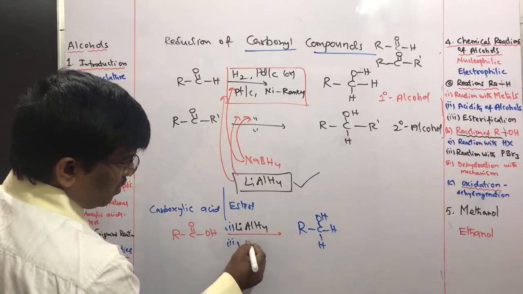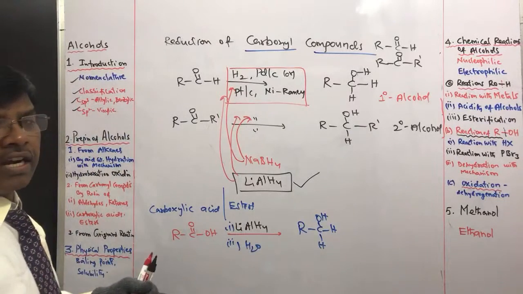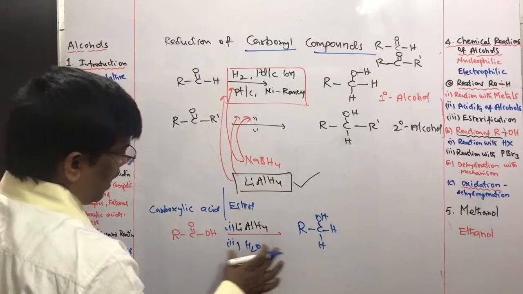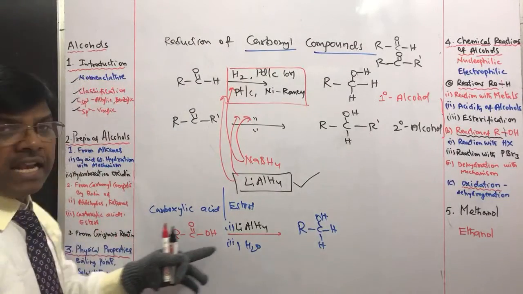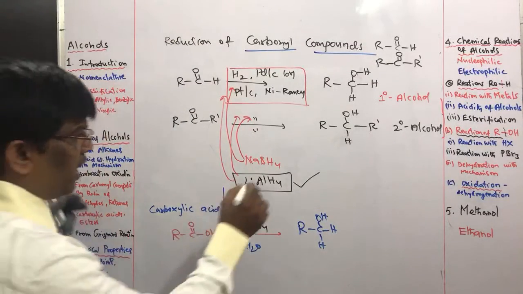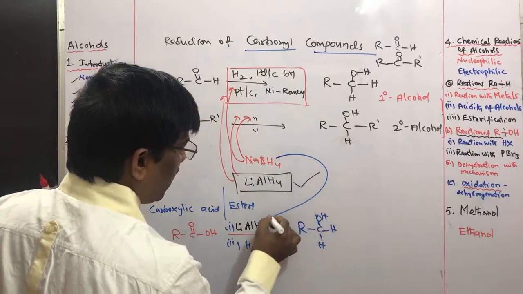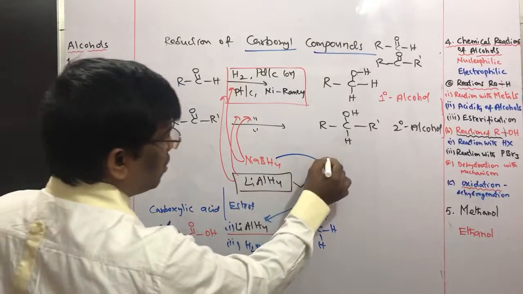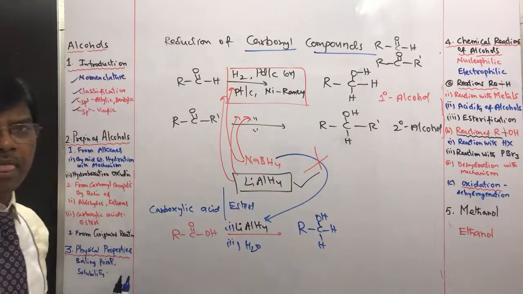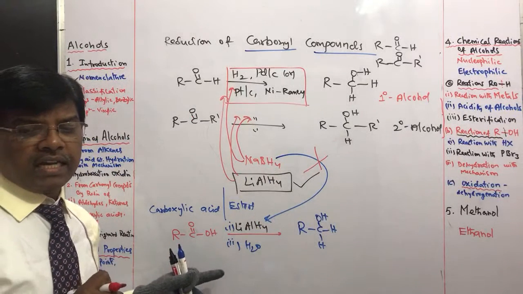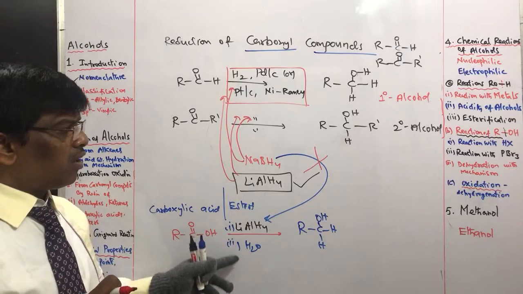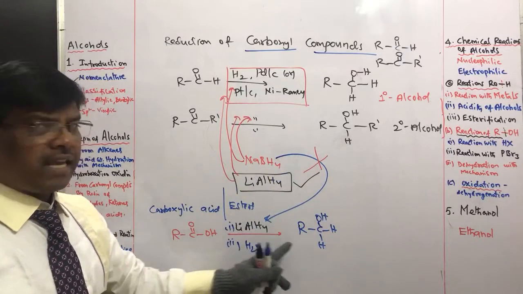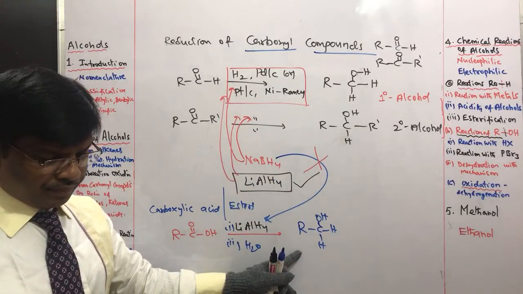Usually the workup is water hydrolysis. So you can prepare alcohol from carboxylic acid by lithium aluminum hydride, whereas sodium borohydride is not going to reduce carboxylic acids. It is a very important and key point, students. Sodium borohydride is not going to reduce carboxylic acids to alcohols.